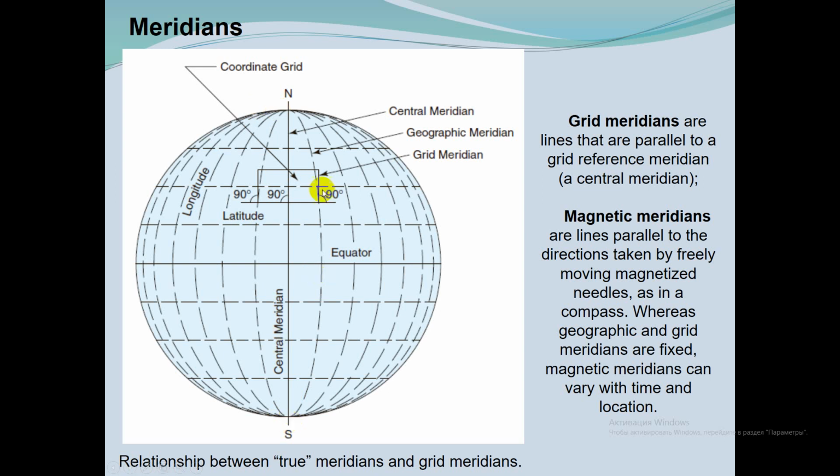Grid meridians are lines that are parallel to a grid reference meridian, a central meridian.